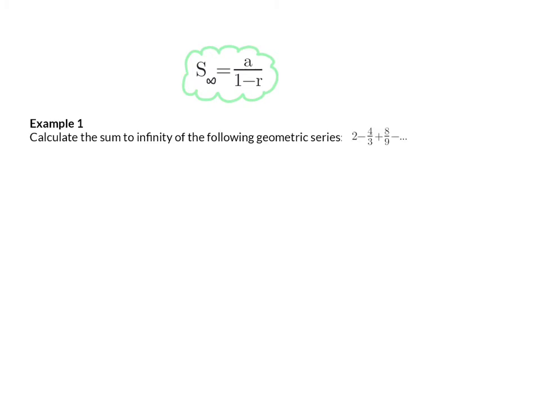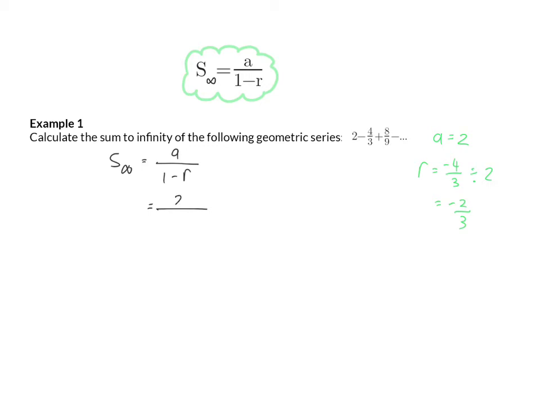Example 1. Calculate the sum to infinity of the following geometric series. In the series, we know that a, the first term, is 2, and we can calculate the constant ratio by dividing term 2 by term 1, and that will give us a constant ratio of -2/3. Now we can substitute that into our formula.